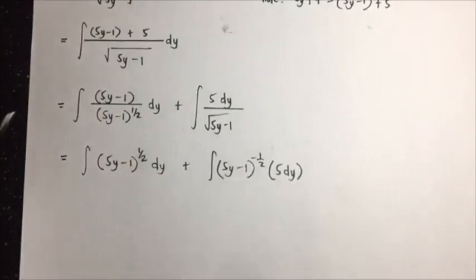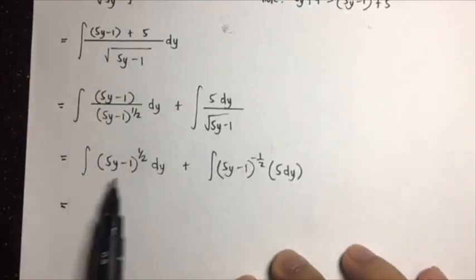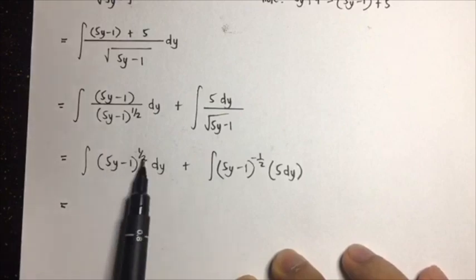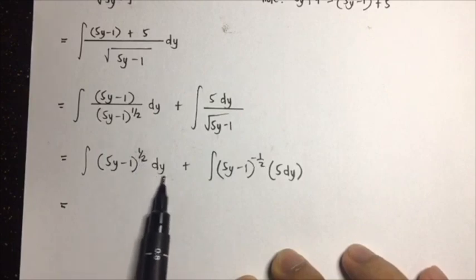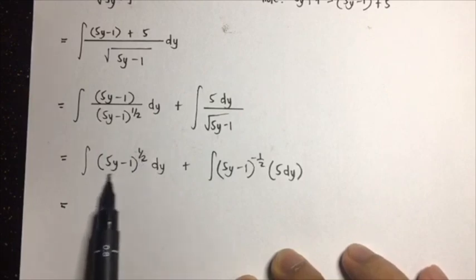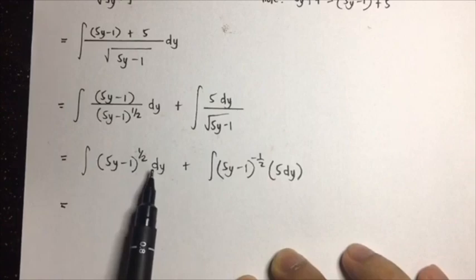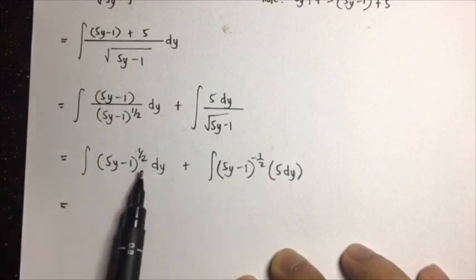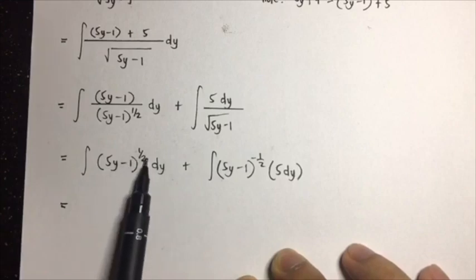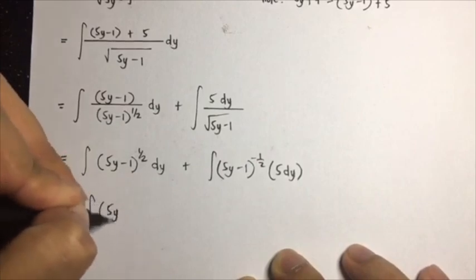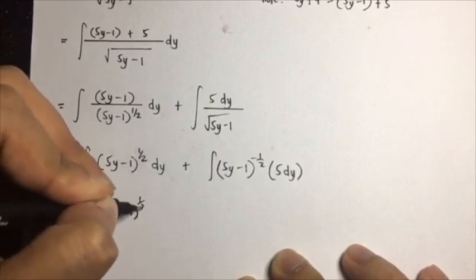Okay, integrating this using the general power formula, we have our u as 5y minus 1, n is equal to 1 half, therefore our du, the complete differential of u, which is 5y minus 1, is equal to 5 dy. We lack 5 here, so we will have 5y minus 1 raised to 1 half.